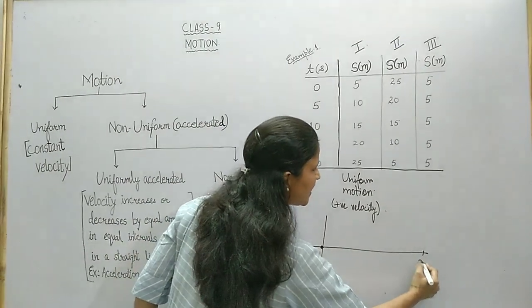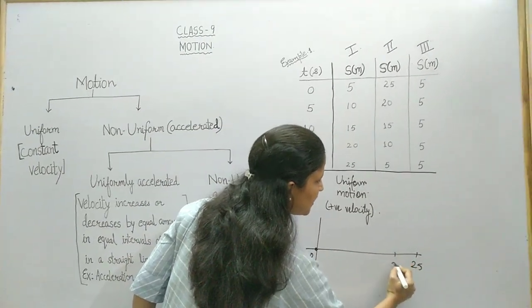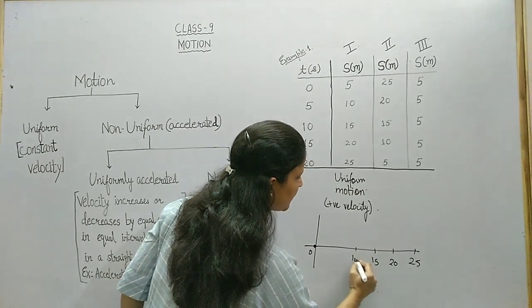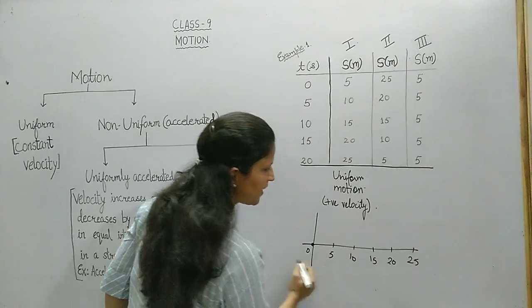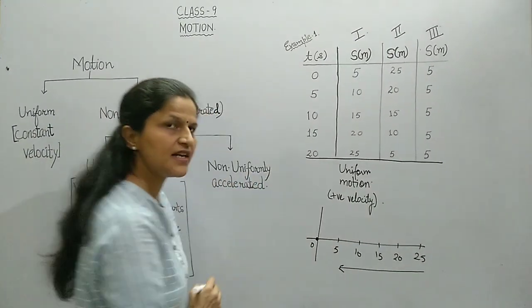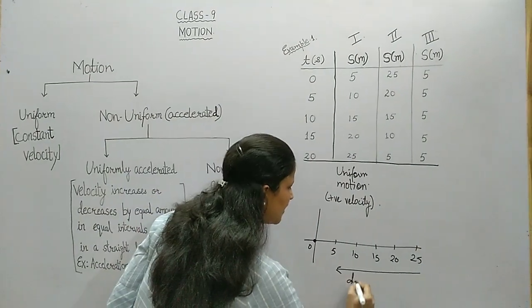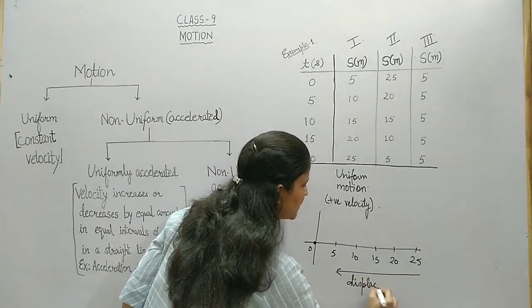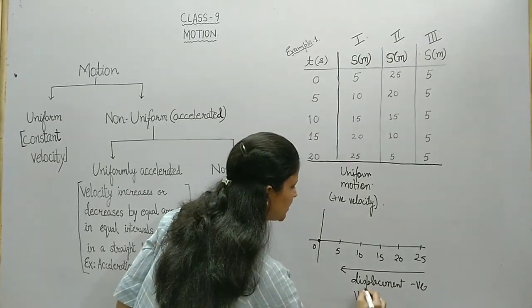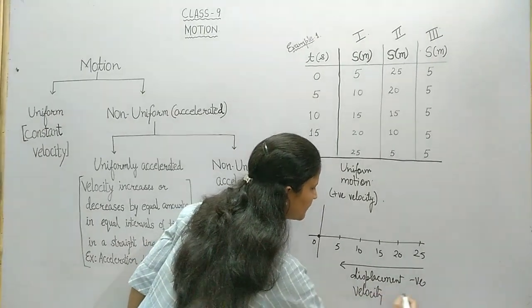Initially the object is at 25 meters, then it comes to 20, then 15, then 10, then 5 and then 0. In a way, we see that the object is moving towards the left, which means that its displacement is negative and therefore its velocity is also negative.